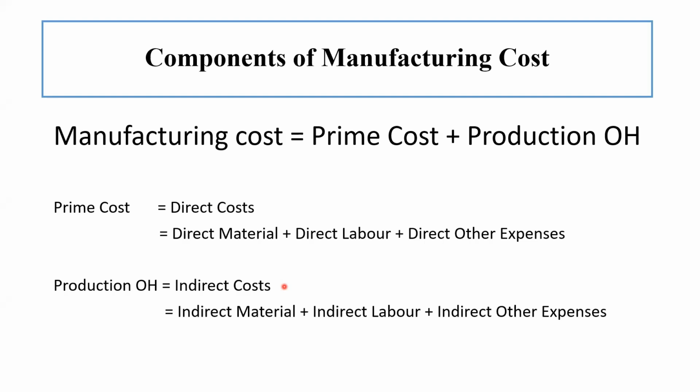Maybe you're spending a lot of money on the rent for the factory, right? Then you can make that distinction by looking at prime cost and overhead. If you see prime cost is small but production overhead is big, then you have to realize, okay, we're paying too much for rent and electricity. It's better to move to another smaller garage, or maybe something not close to the city, something that's cheaper. So you make decisions at this point as well.